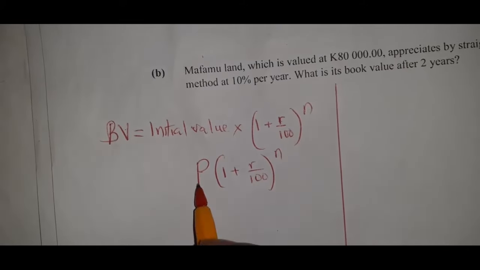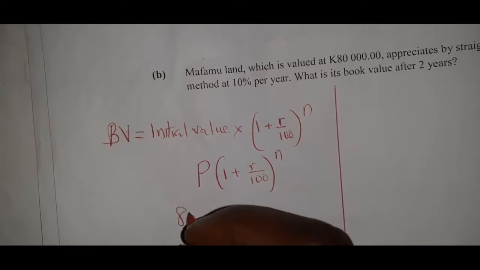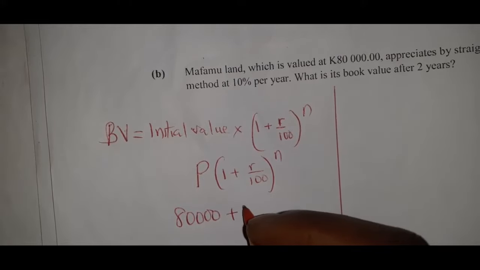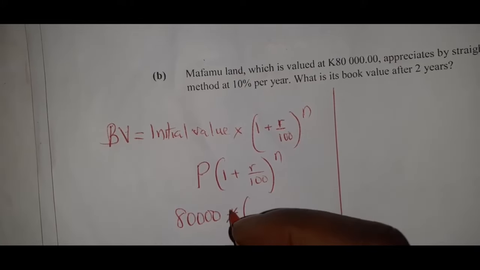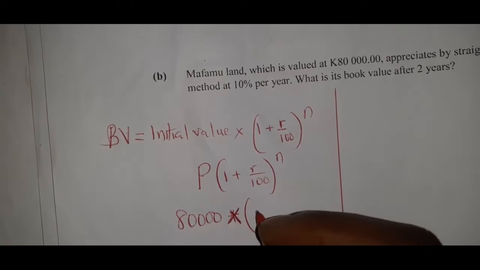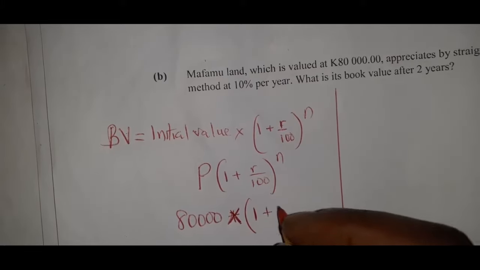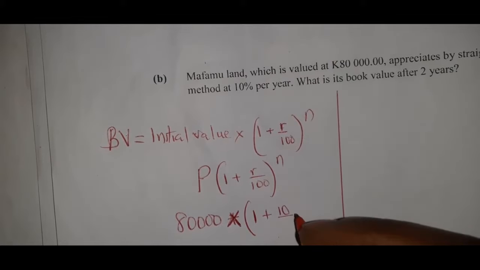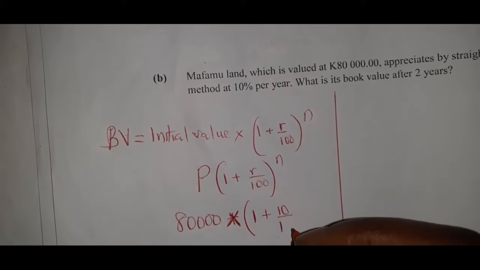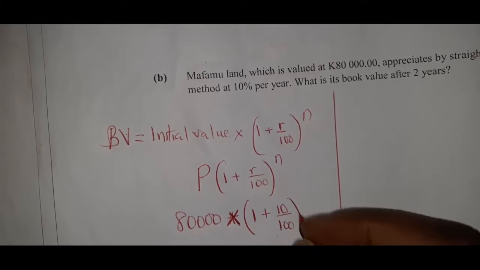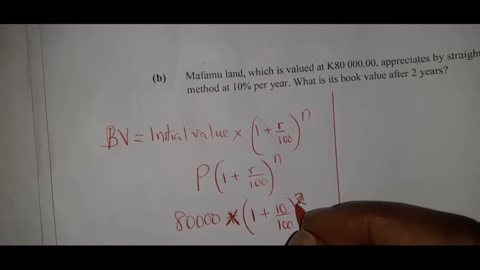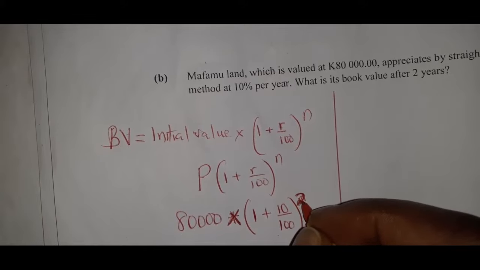Okay, so this is the initial amount. How much was it? 80,000 multiplied by, sorry, this is supposed to be multiplication. 1 plus, what is our interest? It's 10%. 10 over 100 multiplied by the number of years, 2 years.